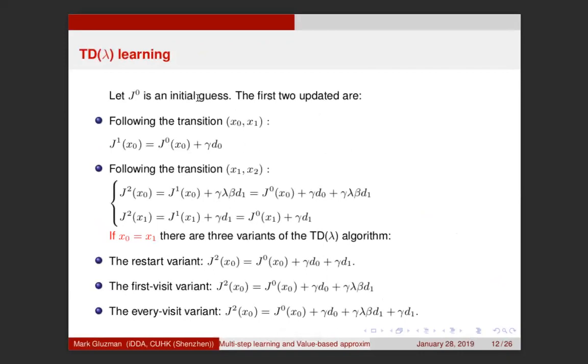After the second time step, when we have moved from x1 to x2, we want to update the estimation of the value function in two states. First, we want to update the value function estimation at x0.